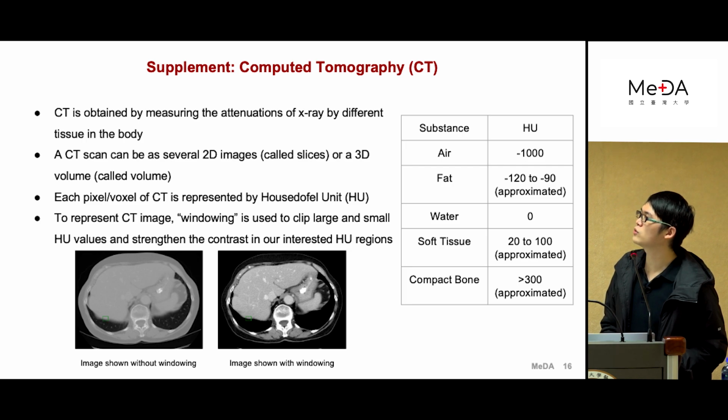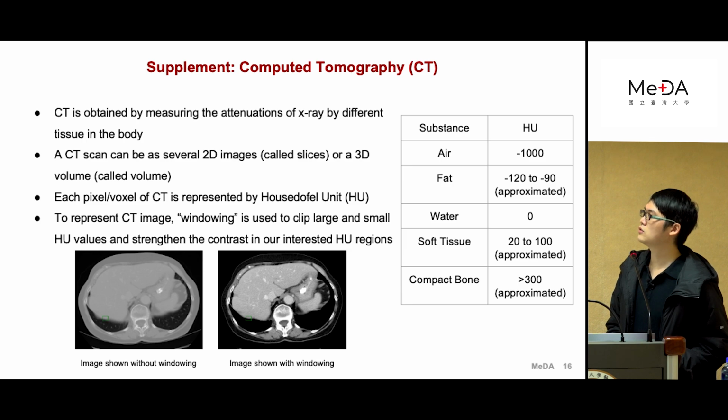If the pixel value is about negative 1000, it means there is air in this pixel. If it is between about negative 120 and negative 90, it could mean this pixel represents a fat area. If it is 0, it is water. 20 to 100 means soft tissue, and compact bone has a pixel value larger than 300.